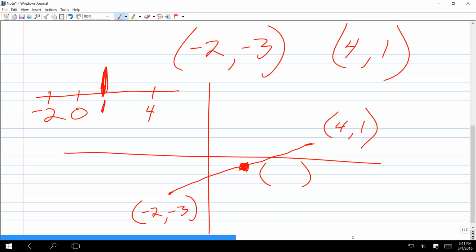It must be 1. 1 is 3 units away from 4, and it's 3 units away from -2. Now, there's an easy algebraic way to get it, and that's to just add the two numbers together and divide by 2. When I add -2 to 4, I get 2. Divide by 2, I get 1.